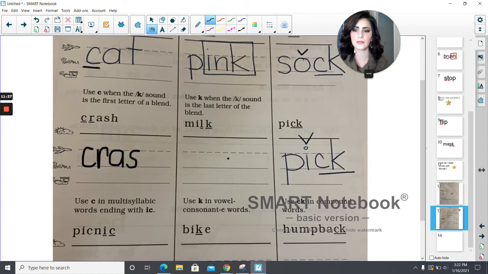And then we're going to do just like they did and underline our blend, C and R, but make sure it's 2 separate underlines. Good job.